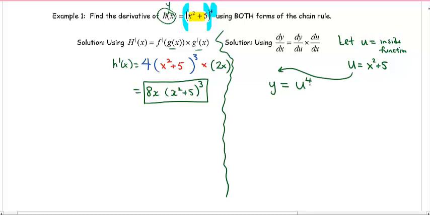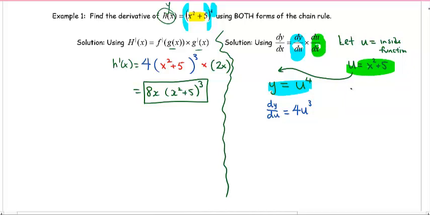Okay? Now, why does this help? Because this y equals u to the power of 4 will help us figure out dy du. The derivative of y with respect to u, dy du, would be 4u cubed using the power rule. Then u equals x squared plus 5 will help us find du dx, the derivative of u with respect to x. Using the power rule, once again, this is 2x.